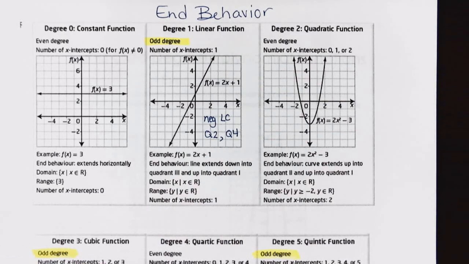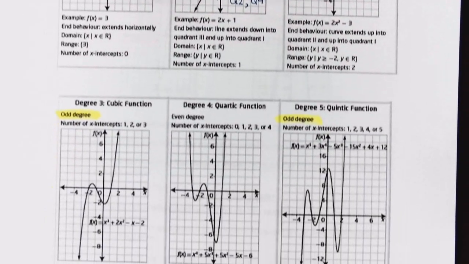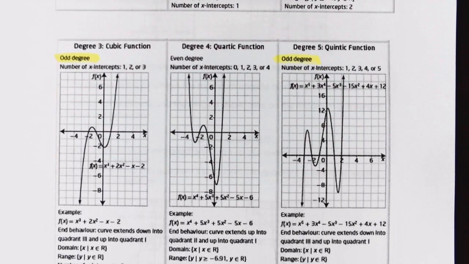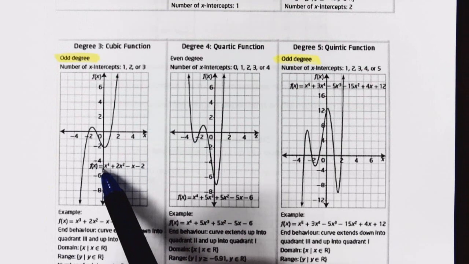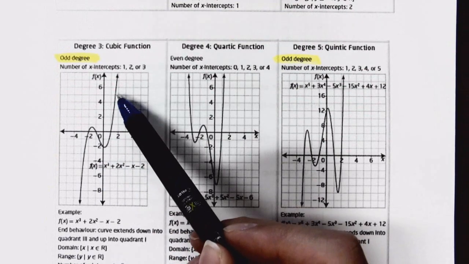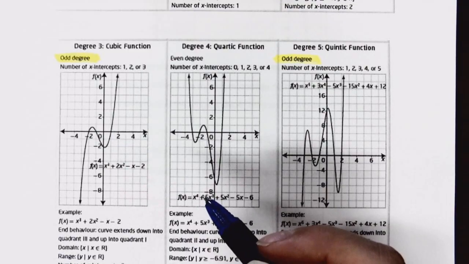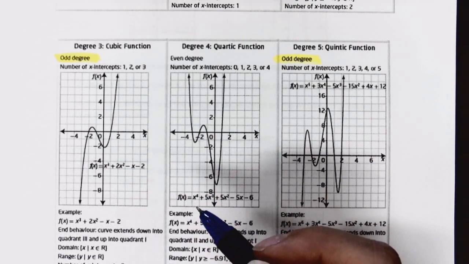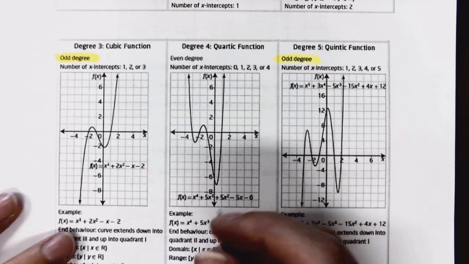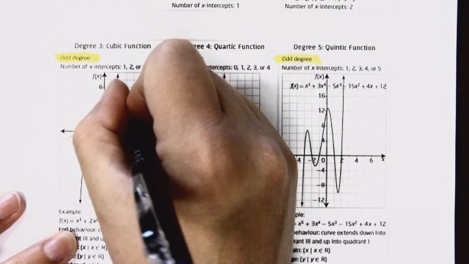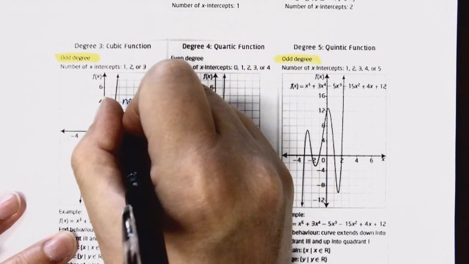But you know this. You know this because you've graphed a million linear functions. I'm going to go down to cubic for a second because it's not another odd degree. It's a positive leading coefficient, so your end behavior is in 1 and 3. Anybody want to guess if it's a negative leading coefficient? 2 and 4.